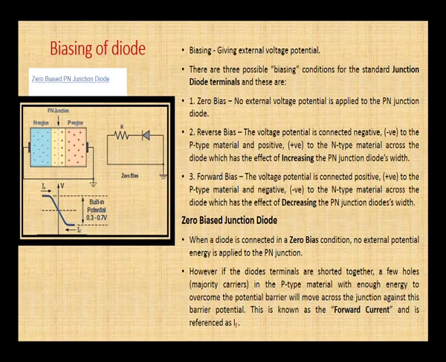When a diode is connected in zero bias condition, no external potential energy is applied to the p-n junction. However, if the diode terminals are shorted together, a few holes in the p-type material with enough energy to overcome the potential barrier will move across the junction against this barrier potential. This is known as forward current.